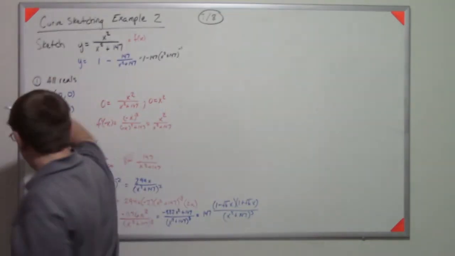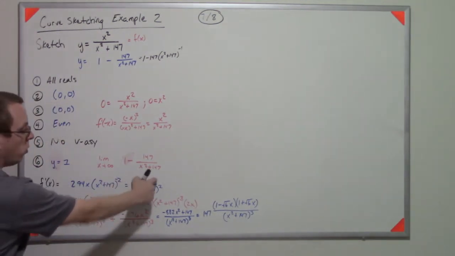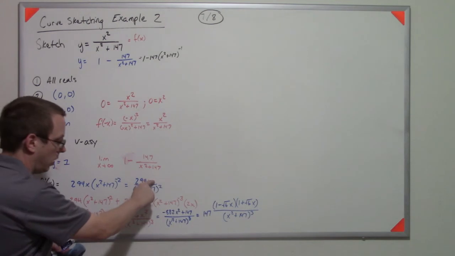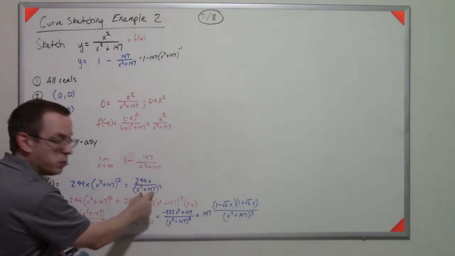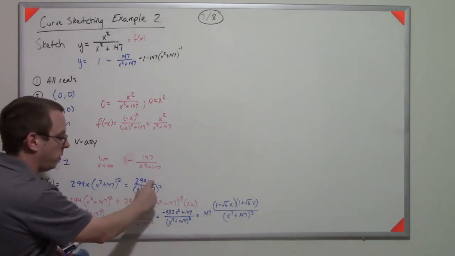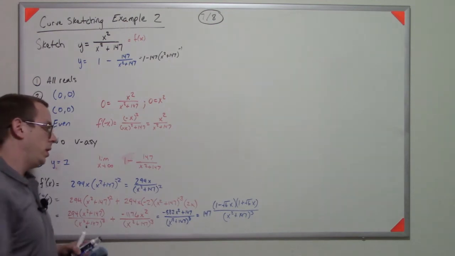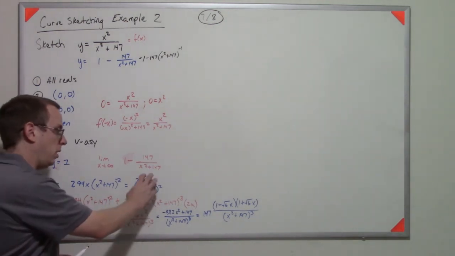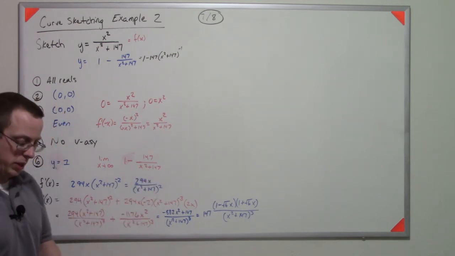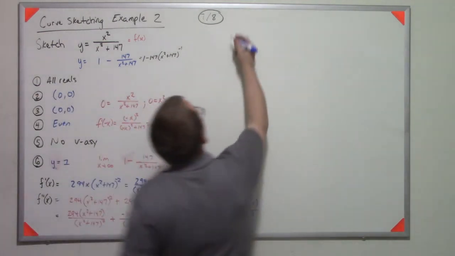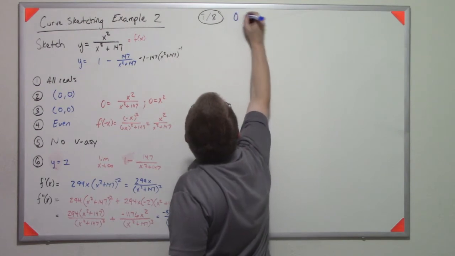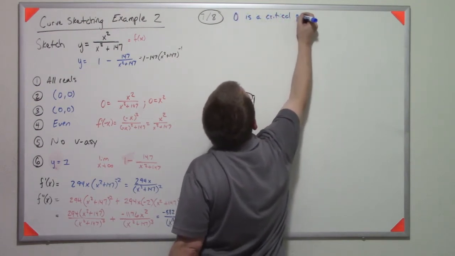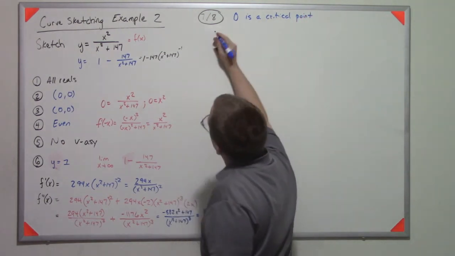So for f prime, the only critical point is at 0, 0, because this is always positive. So the only way it can be 0 is if x is 0 and the whole thing exists. There's no place where f prime fails to exist. So that tells me that zero is a critical point.